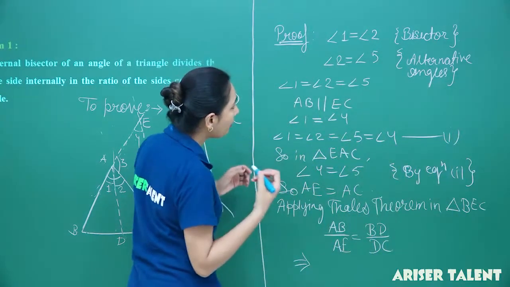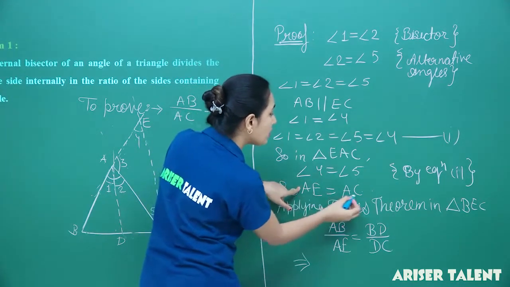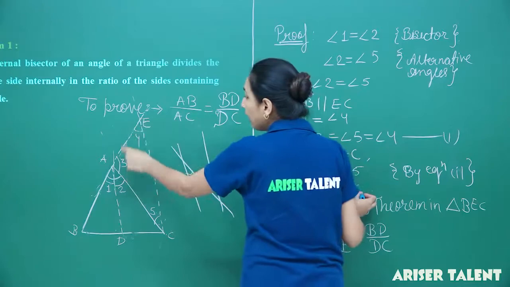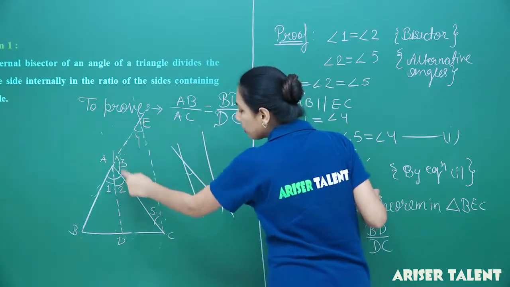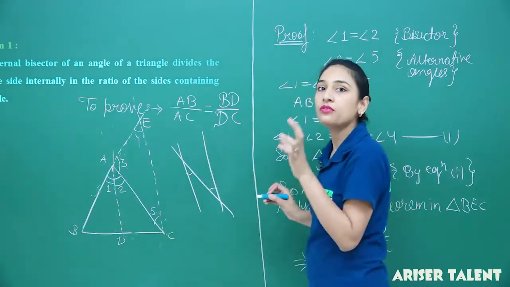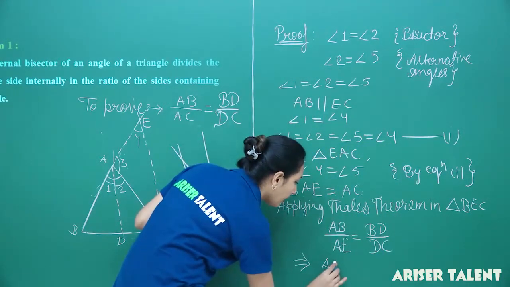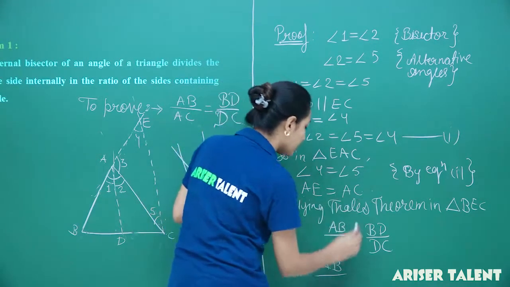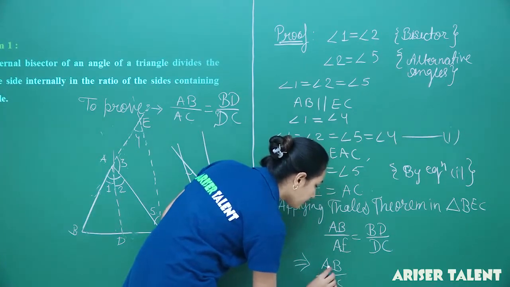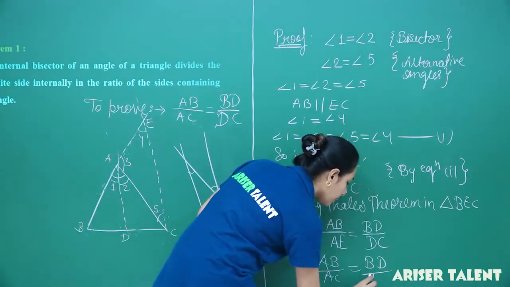Now, we have this term like AE equals to AC, because we have proved that this angle 4 is equals to this angle 5. So, AE equals to AC, we will just replace the value of AE as AC. So, we will write here AB, because AE equals to AC, we will write AC here, BD by DC.